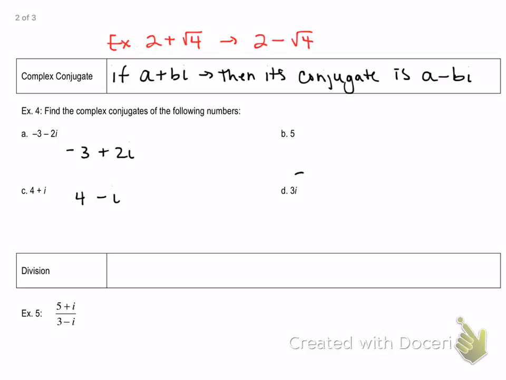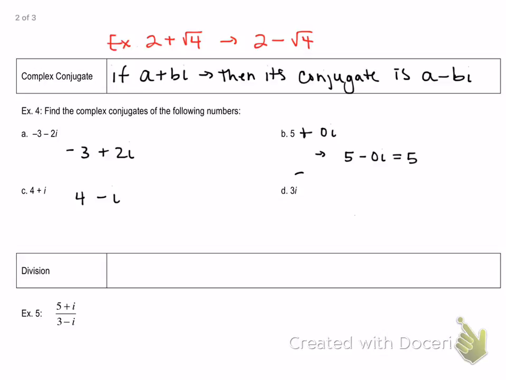So if I rewrite 5 as a complex number, then it's 5 plus 0i. And then if I change it, the conjugate would be 5 minus 0i. So notice the 0i doesn't really matter, and so the complex conjugate is still 5. It's still that number.